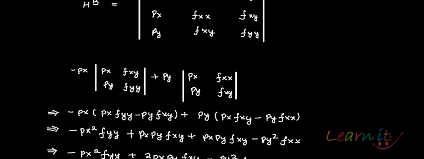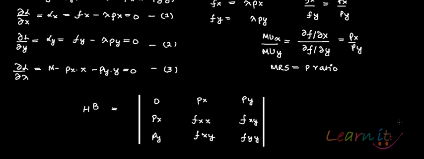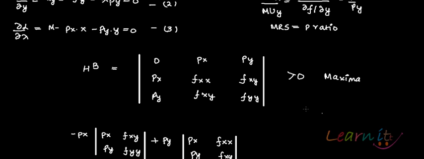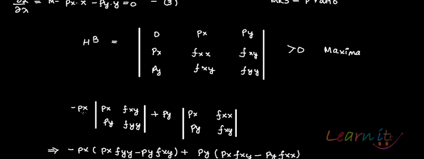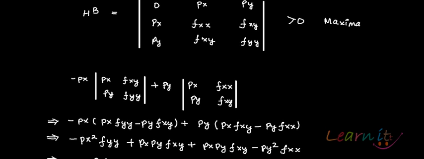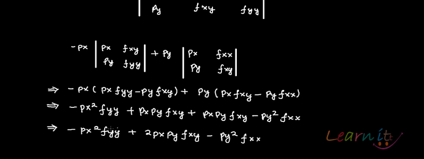So you have calculated this determinant. This is the bordered Hessian determinant, and if this is positive, then this is the case of maxima. So you'll just expand it along the first row, and you'll be getting this value, which is minus px square fyy plus 2 px py fxy minus py square fxx.